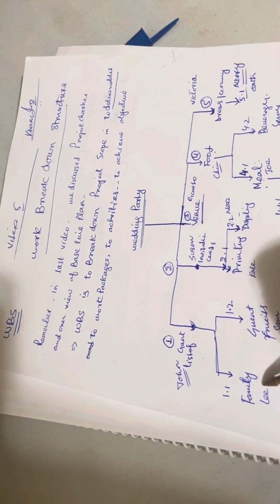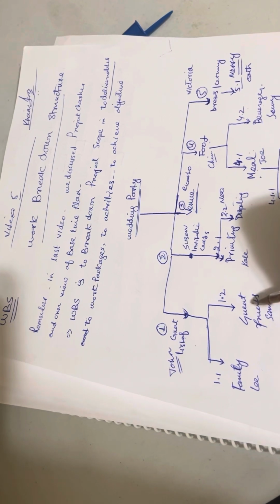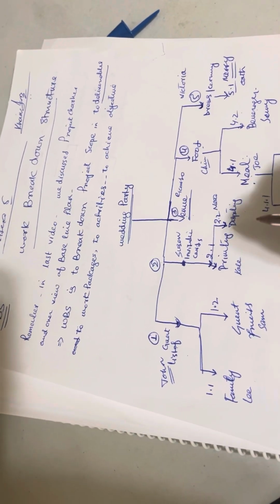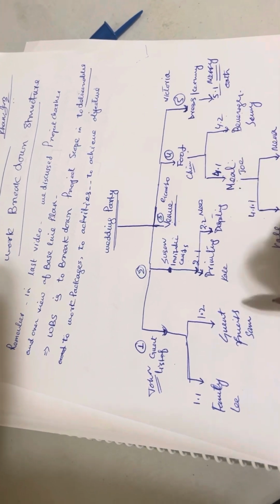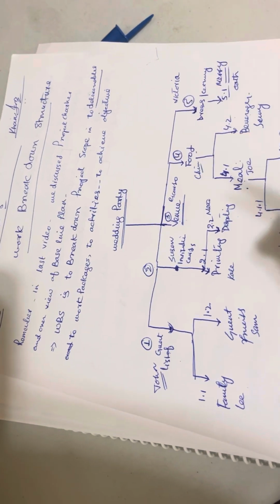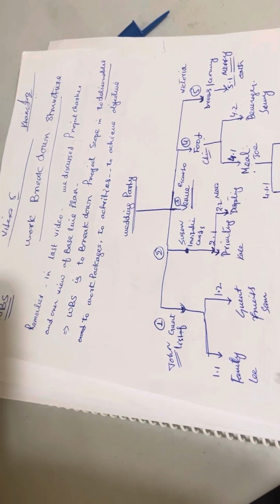Then the first one I divide further into family and guests. This I give to Lee, this to Sam. So remember, you have to assign responsibility to everyone so that they will complete that activity.